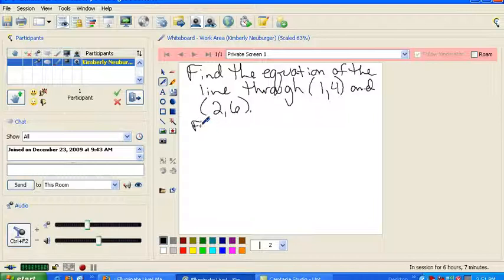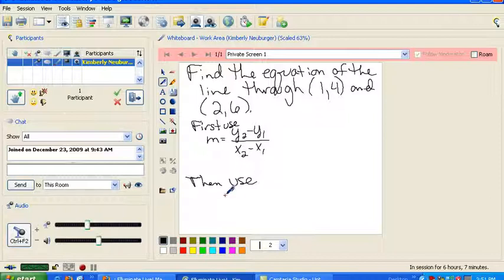So on this, you're first going to use the slope formula, which was y2 minus y1 over x2 minus x1. And then after we use that, we're going to use our point-slope formula.